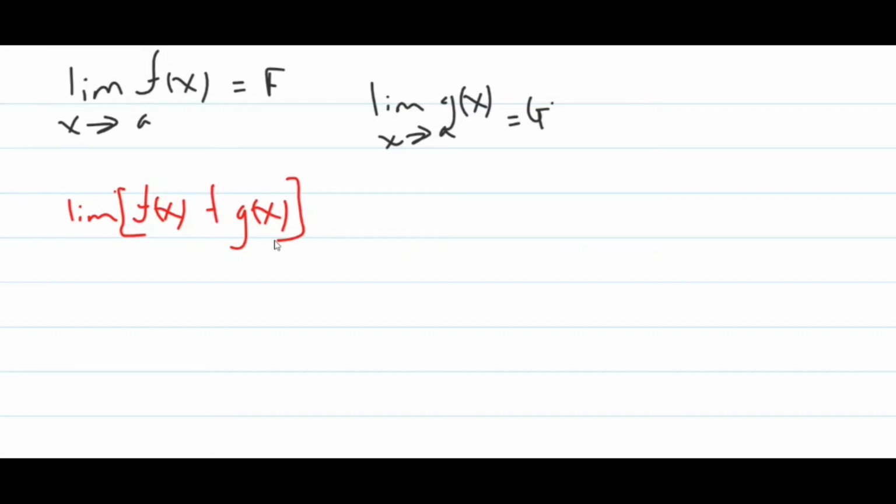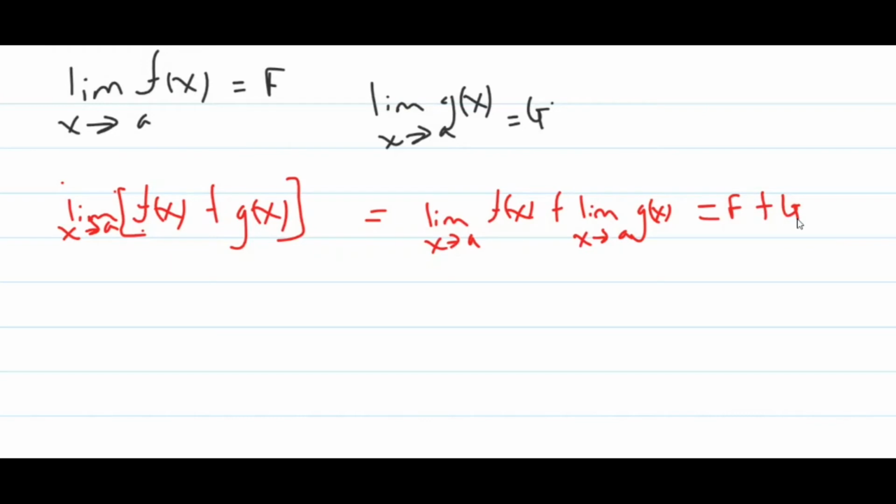as x approaches A, of course, I can rewrite this as the limit of f of x as x approaches A plus the limit of g of x as x approaches A. And all of that will just be equal to F plus G. And the same thing goes for subtraction.